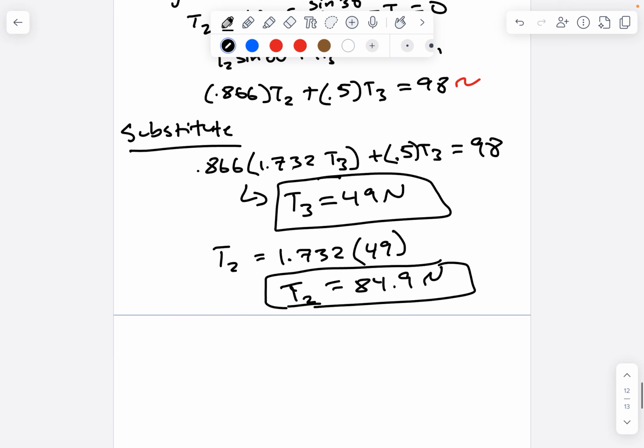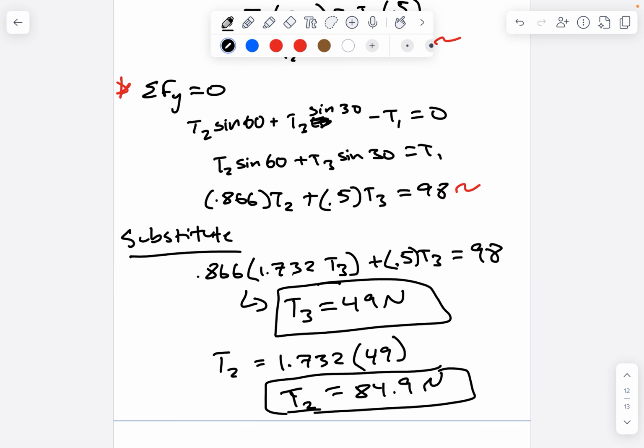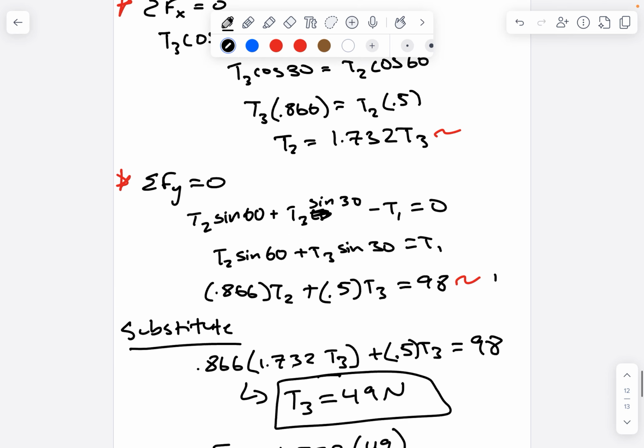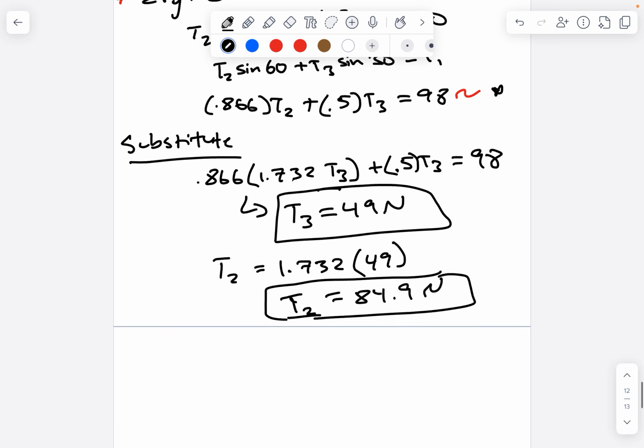So we can do a quick check with this just to make sure the vertical components equal 98 as per this governing equation. If we do 0.866 times 84.9 plus 0.5 times 49, let me just plug that into my calculator. Yep, and we get 98, so that works out.